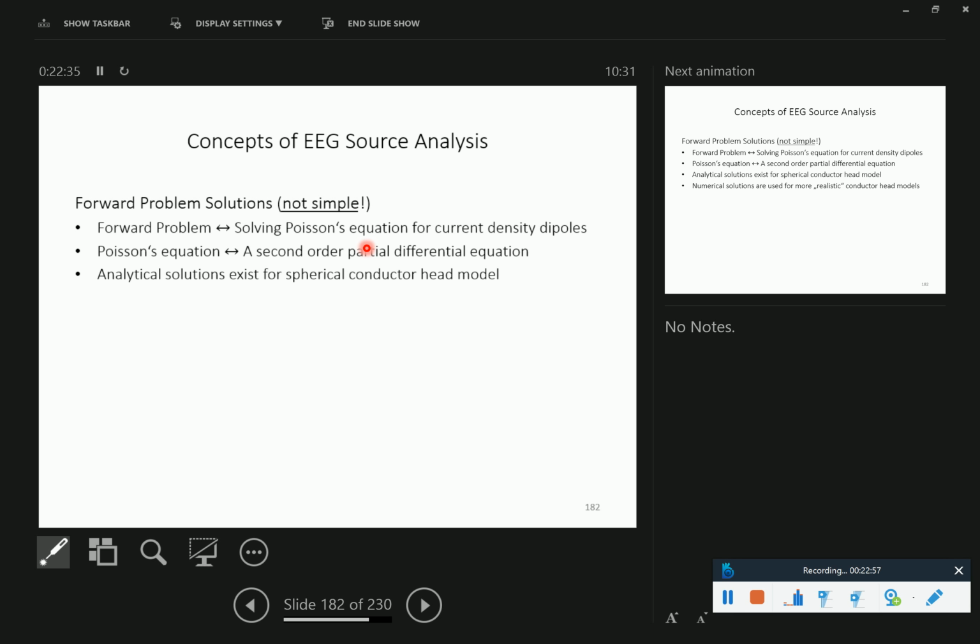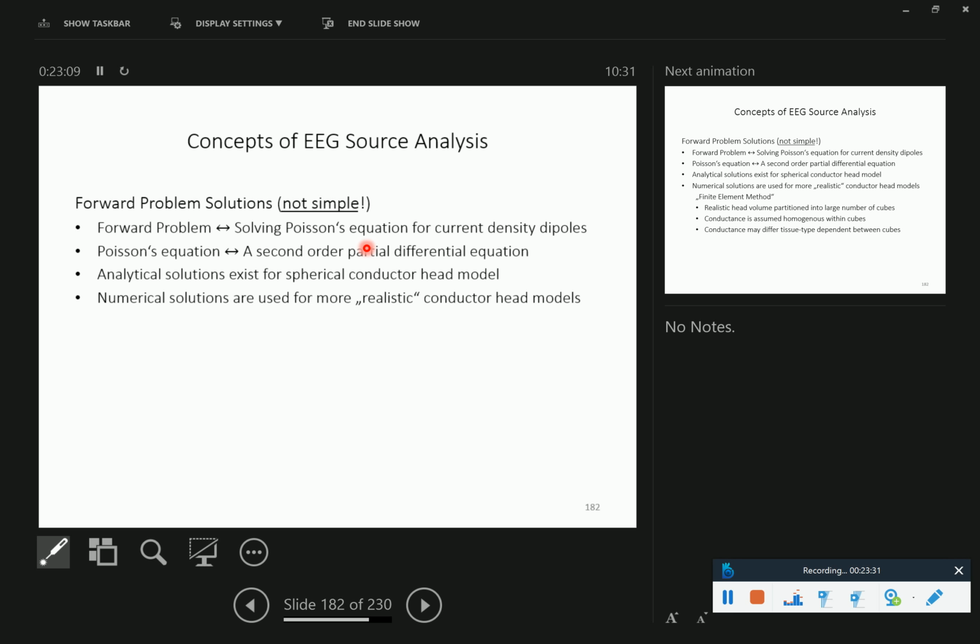And the analytical solutions exist for spherical conductor head models. So if you assume that the head is a sphere, then you can compute the potential based on this equation for a given source. However, then of course, neuroimaging people would say, yeah, but the head is not a sphere.